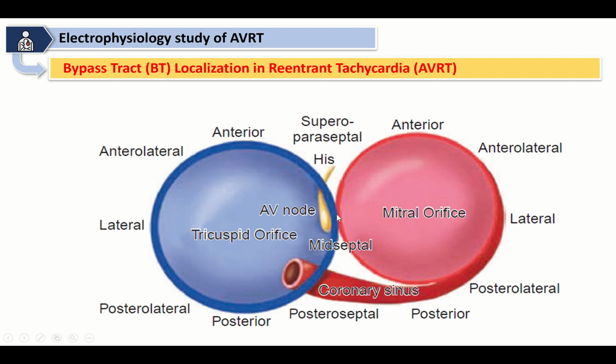This is the mid septum, and this is the anterior, and this is the anteroseptal or superior paraseptal region. So we have to classify, is it a right or left accessory pathway? Is it posterior or anterior? Is it lateral or septal? According to this, we can classify our accessory pathway patients.